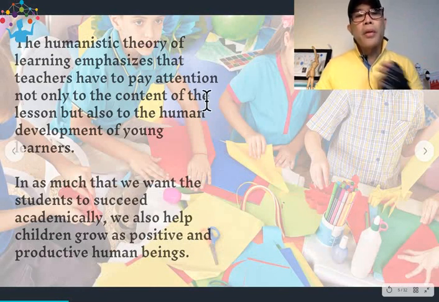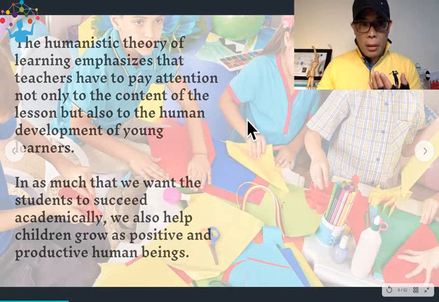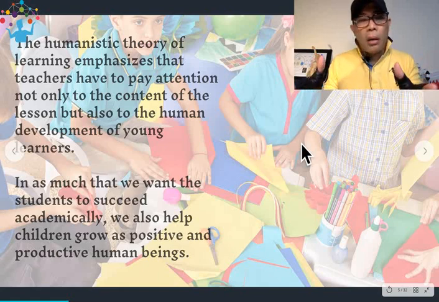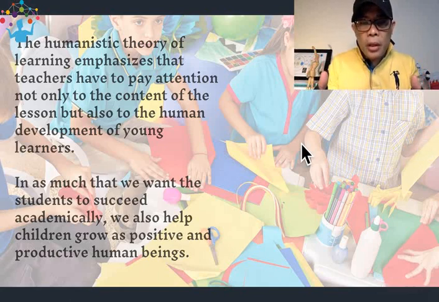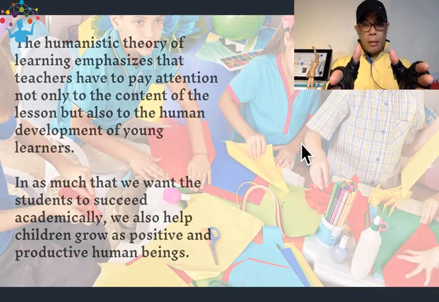The humanistic theory of learning emphasizes that teachers have to pay attention not only to the content of the lesson, but also to the human development of young learners. It is not only about the curriculum, it's not only about the lesson planning, it's not only about the subject that you teach, it's not only about preparing your strategy, it is about looking into the needs of children, looking into the life of children.